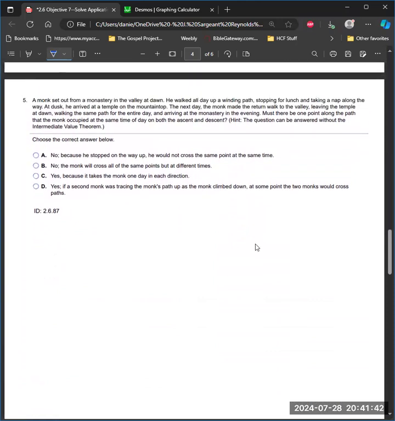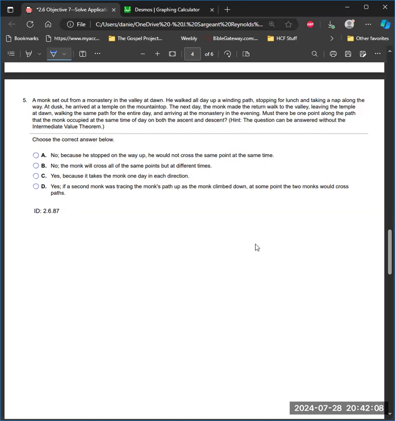So a monk set out from a monastery in the valley at dawn. He walked all day up a winding path, stopping for lunch and taking a nap along the way. At dusk, he arrived at the temple on the mountaintop. The next day, the monk made the return walk to the valley, leaving the temple at dawn, walking the same path for the entire day, and arriving at the monastery in the evening.